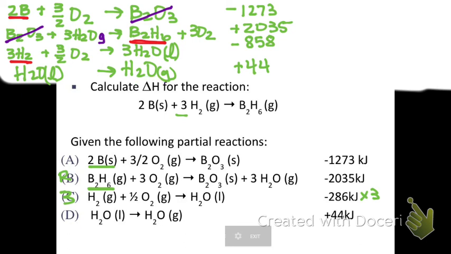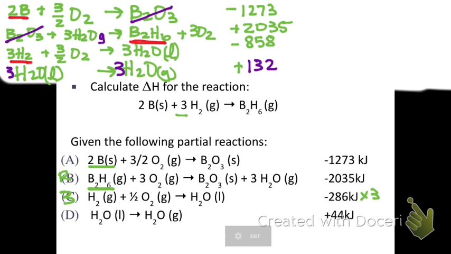Okay, we need to multiply this bottom one by 3. You know what I'm saying? Because I've got 3H2O liquid, and I need 3H2O gas. So let's go ahead and do that bottom one by 3, and then 44 times 3. See how it's just a puzzle? You kind of just have to see things as you go. So that would be plus 132.